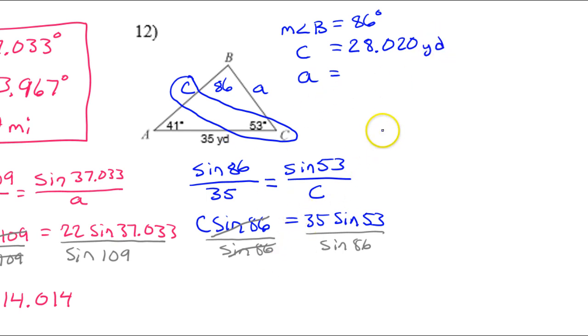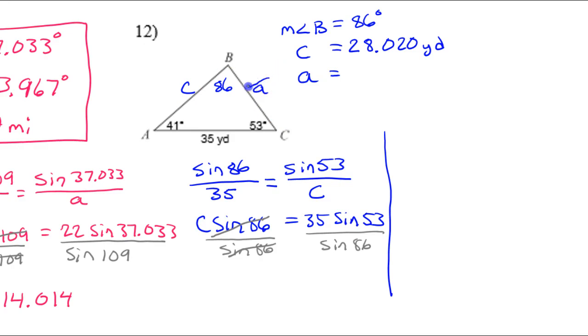So now I'm going to go back and find side A in the exact same way. The ratio that I'm going to use now will be sine 41 over A. And of course I'll use the same initial ratio that we had before.